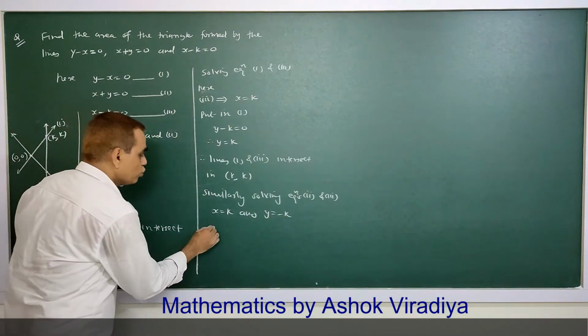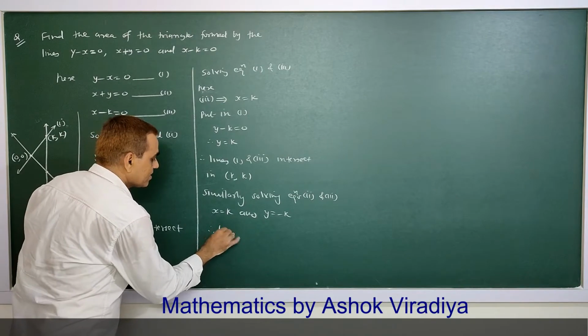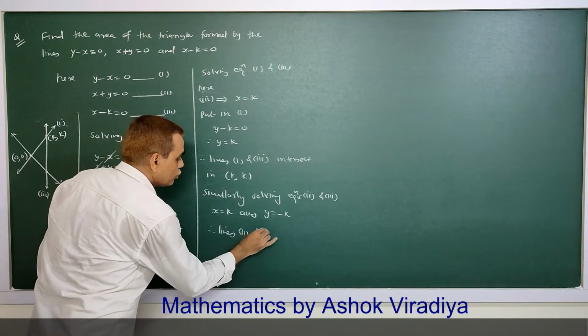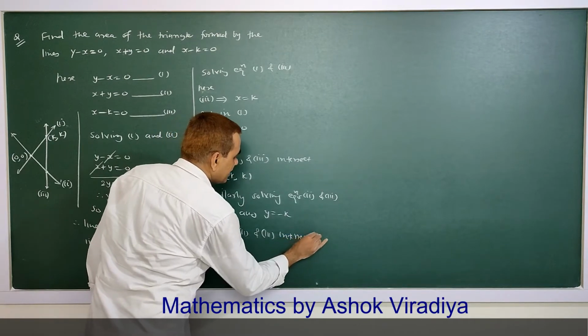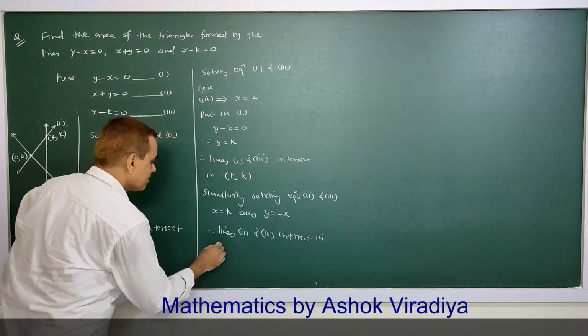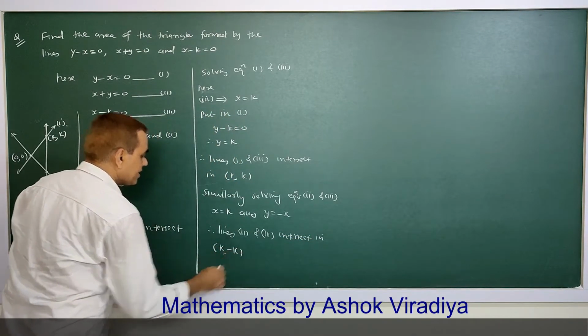So lines 2 and 3 intersect in (k, minus k).